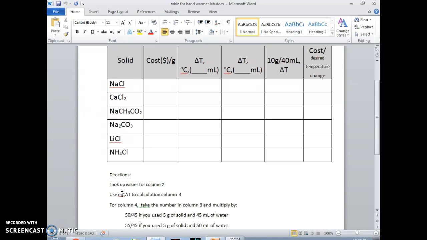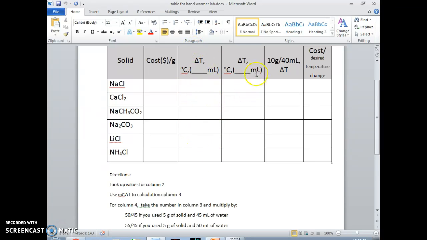If you had 4.98, then you're going to have like 104.98 or something like that. So make sure you do that. For C, we're going to make that jump and say that's 4.18 for all the solutions, and then ΔT will be your change in temperature for that chemical. So that calculation will go in column 3.